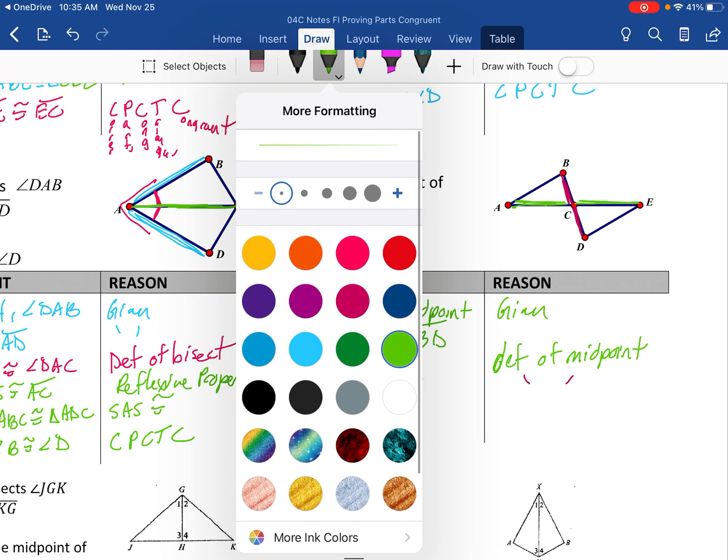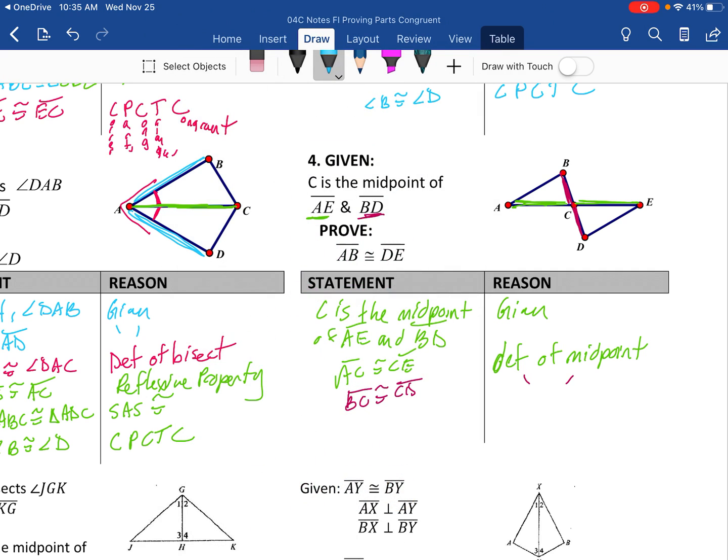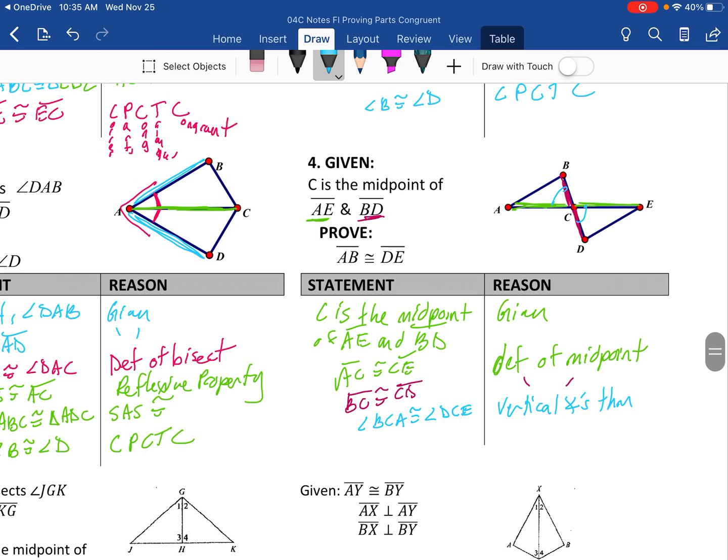Okay, I have two things. Again, we look and see, oh, we have vertical angles, so I know angle BCA must be congruent to angle DCE. Okay, vertical angles theorem. Now I have three things.